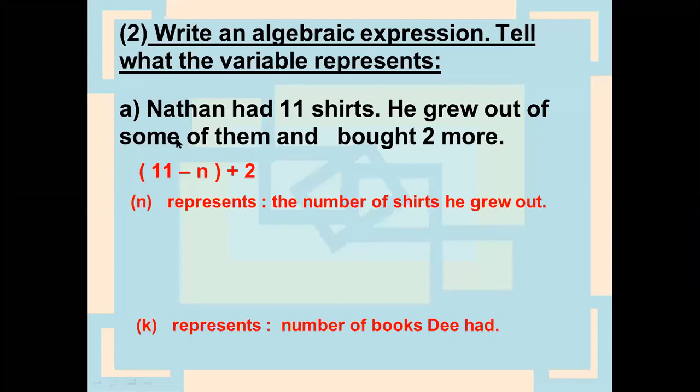And for some here I choose the letter N. Of course you can write any letter in this place. And then bought 2 more. More means plus. So plus 2. This is the expression: 11 minus N plus 2. And the N here represents what? In this situation, it represents the number of shirts he grew out. This is called an algebraic expression.